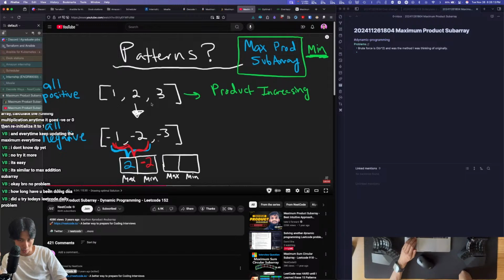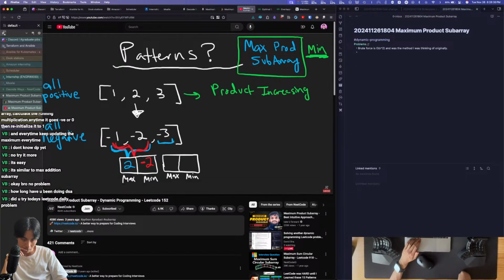The maximum product is 2, and the minimum product of this subproblem is negative 2. Okay. Subarray, when we include this 3, then we can compute that. We can compute that using both of these values.